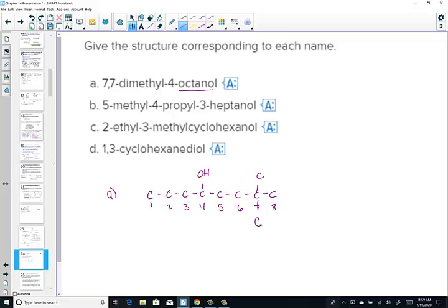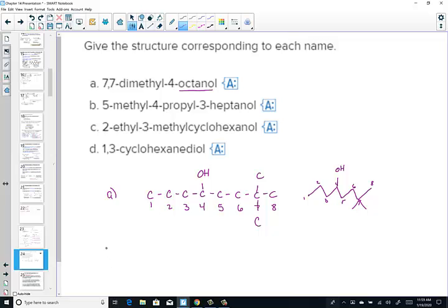So I'll just make sure I see that. 1, 2, 3, 4, 5, 6, 7 carbons. We had 8 to draw, so I need 1 more. There I go. At carbon 4 was the OH. At carbon 7, 2 methyl groups. So there's the line structure, and here's that just condensed structure.